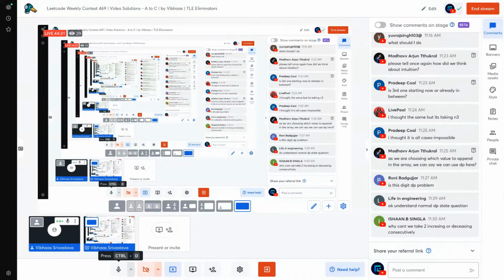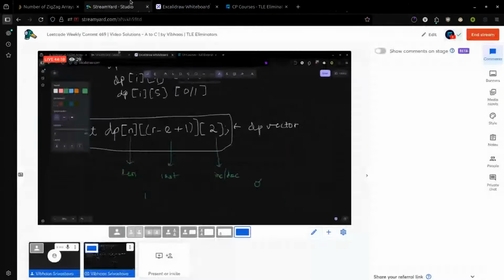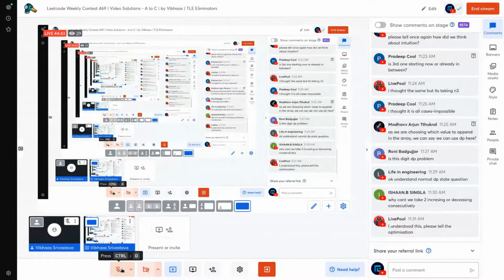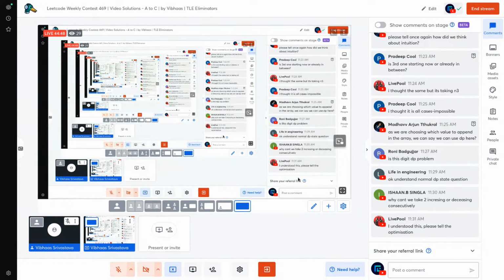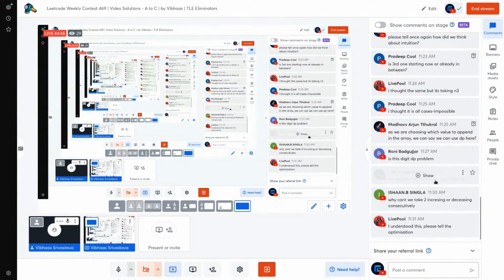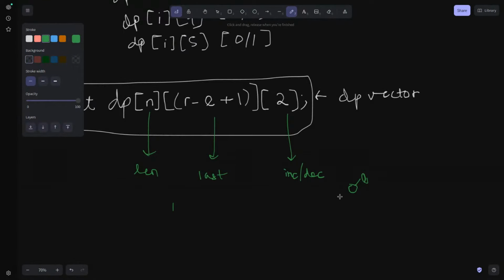Why can't we take two increasing or decreasing consecutively? Let me just answer for Ishan. We're not taking two increasing consecutively because we need a zigzag pattern, right?